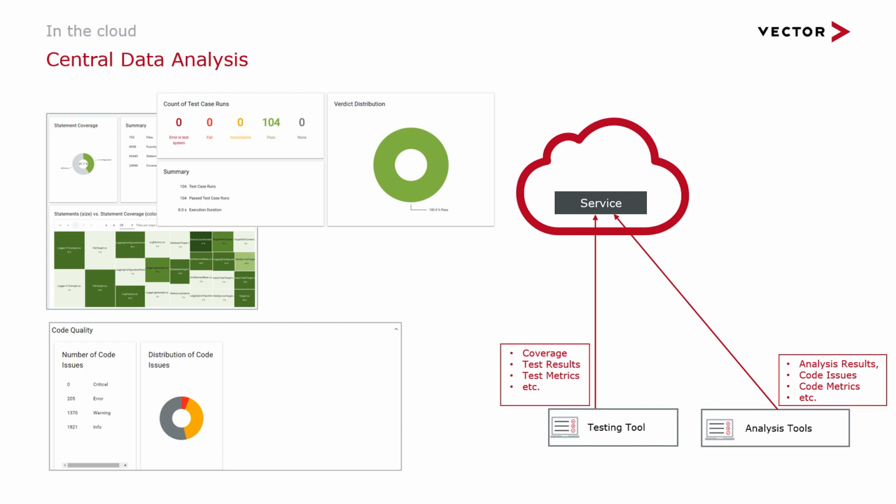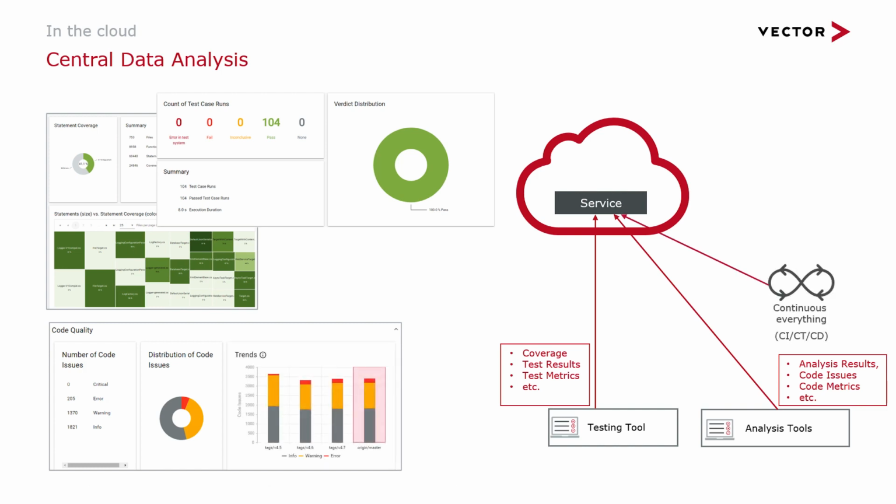If we now put this in a continuous everything environment, so we push multiple versions, then we can also see trends. We can also access this over a web app. This makes it possible to distribute the information to different stakeholders.